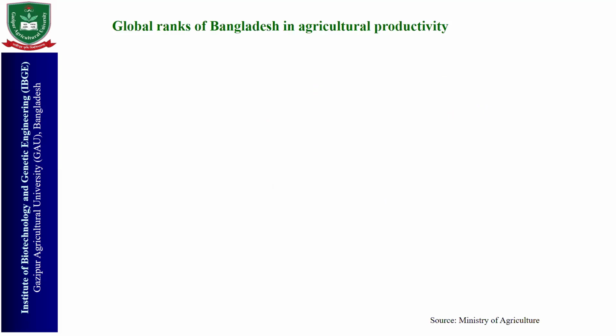Before I start the talk on genome editing, let us get some important information on why we need genome editing for improvement of the crop plants. So let us have a glimpse of the global rank of Bangladesh in agricultural productivity.